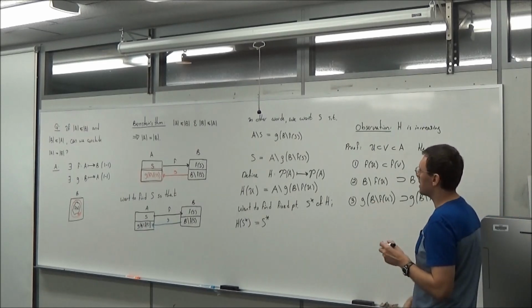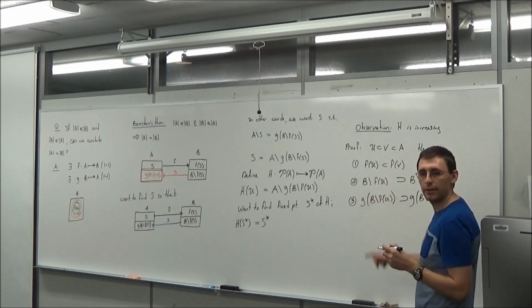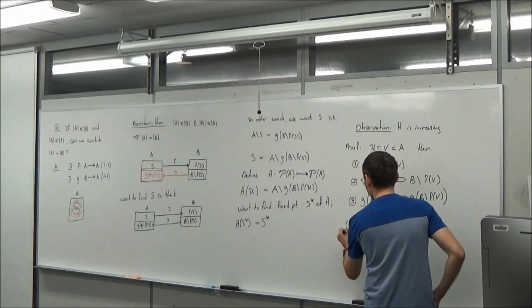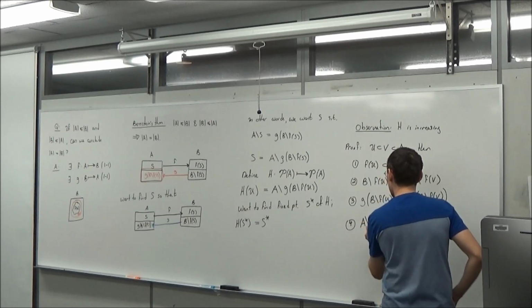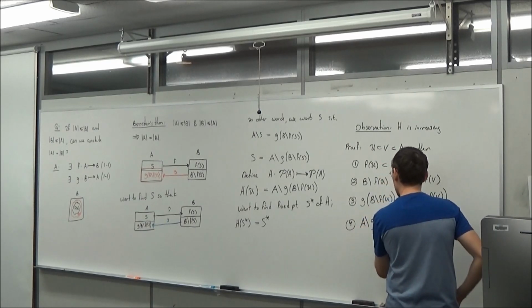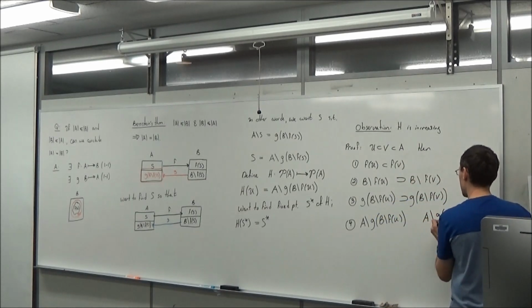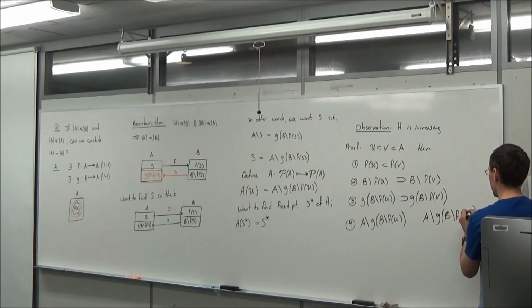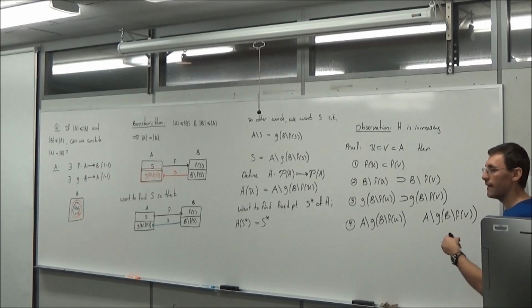So we have this situation, and now finally we need to take A and throw away what we have here from A. So step 4: I take A and remove g of B remove the image of U, and I have A remove g of B remove the image of V. Which way do we go? The opposite, right?